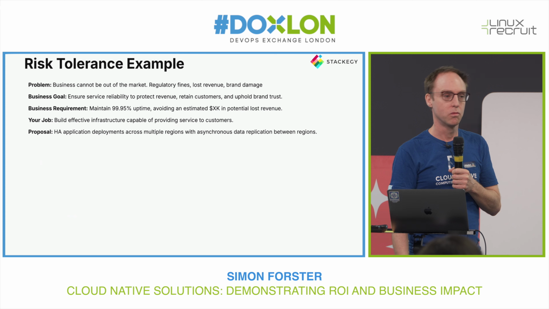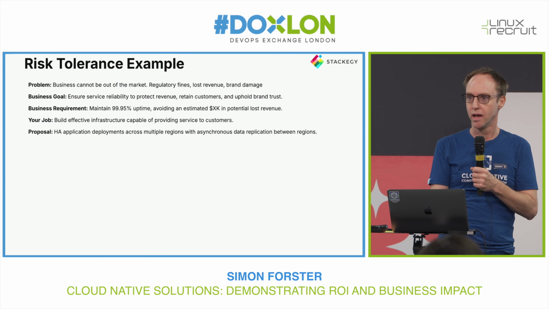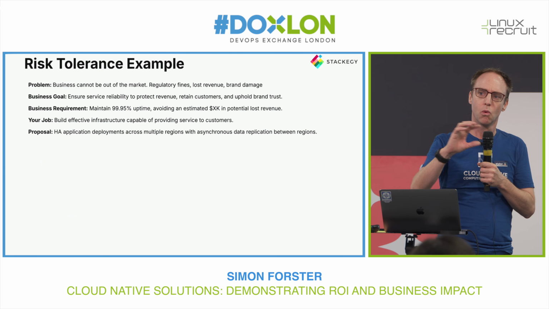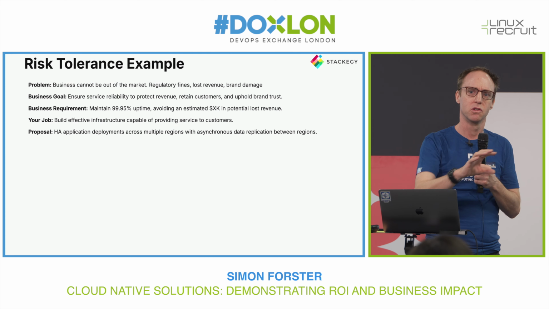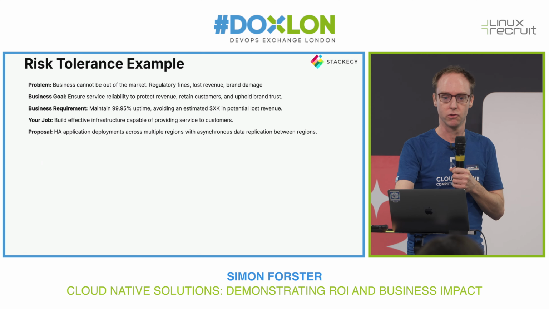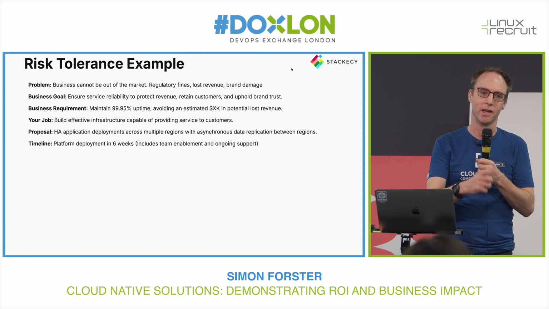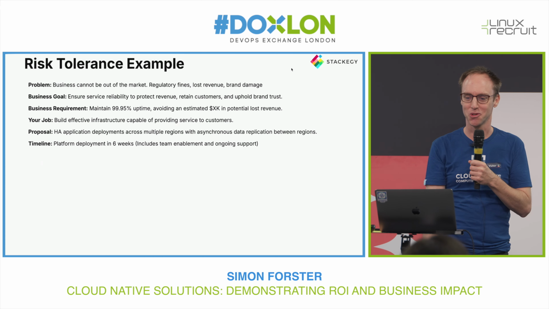So we might decide, okay, we'll put our services in multiple regions, with HA and asynchronous replication. We might all be fairly familiar with those patterns, depending on your cloud service provider or your internal infrastructure. So we're going to do it in 6 weeks because we're heroes, okay? And we'll use Crossplane.